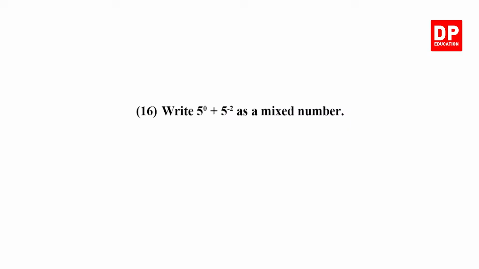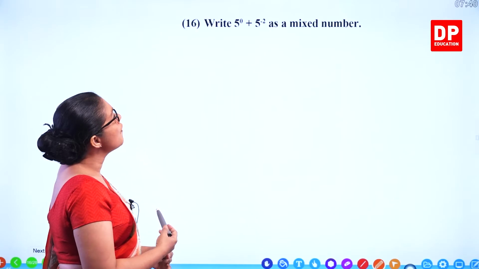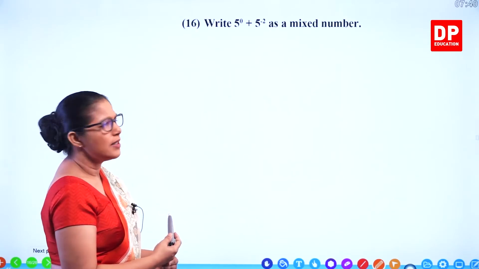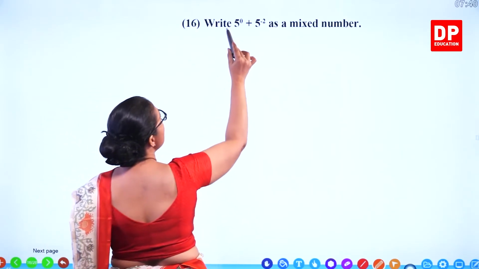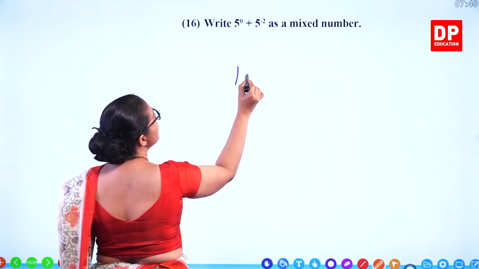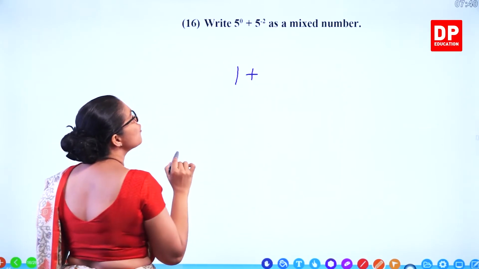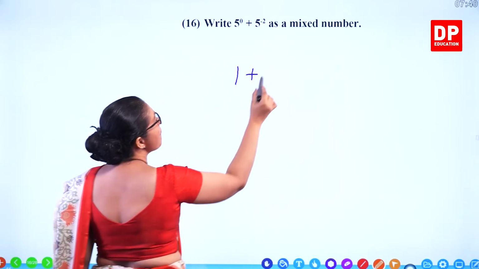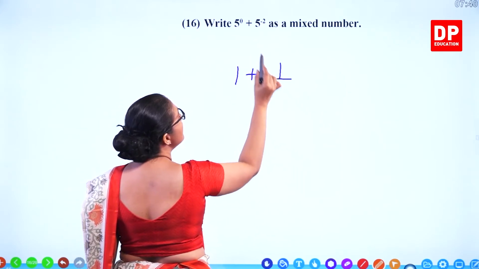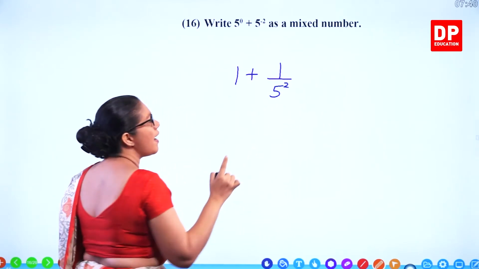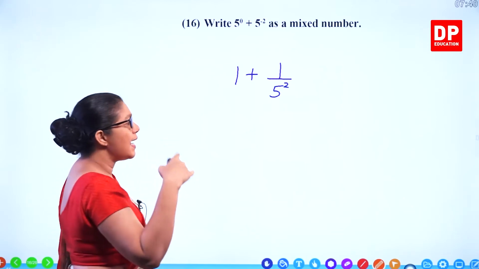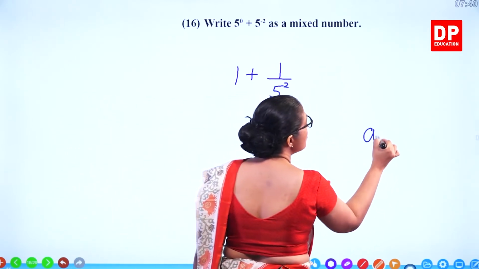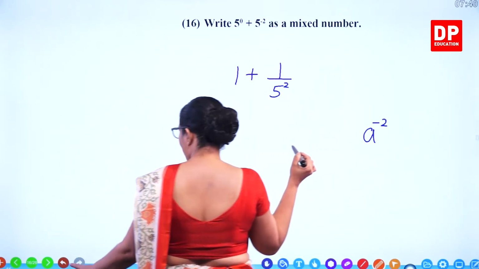Question number 16. Write 5 to the power 0 plus 5 to the power minus 2 as a mixed number. So we'll write down separately. 5 to the power 0 is 1. What's 5 to the power minus 2? That's 1 over 5 squared, because a negative power you can take down to make the positive power.